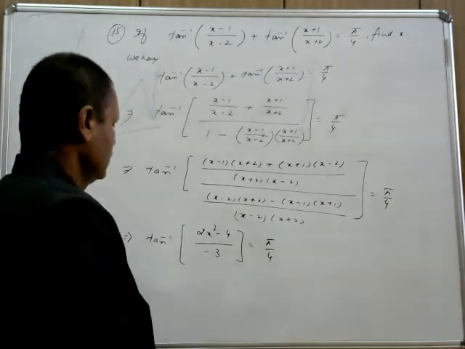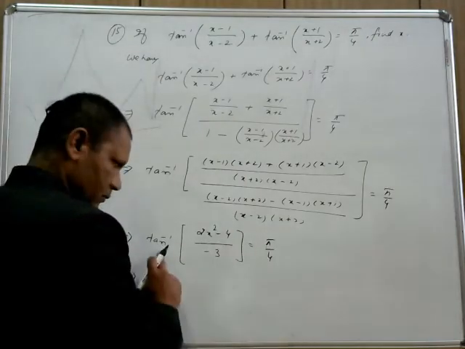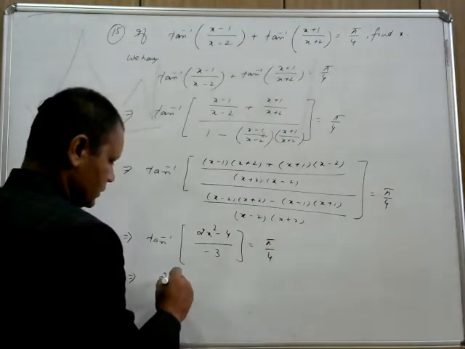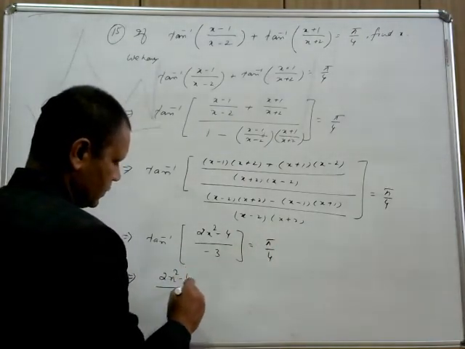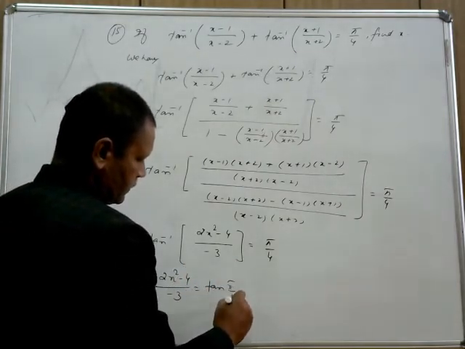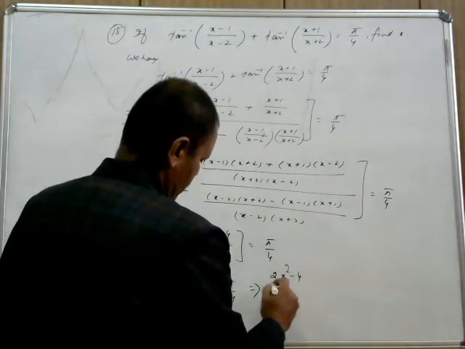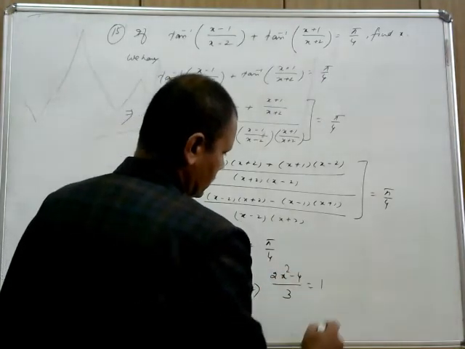Now I can write, it implies that taking tan on the right hand side, 2x square minus 4 upon minus 3 is equal to tan pi by 4. It implies that 2x square minus 4 upon minus 3 is equal to 1.